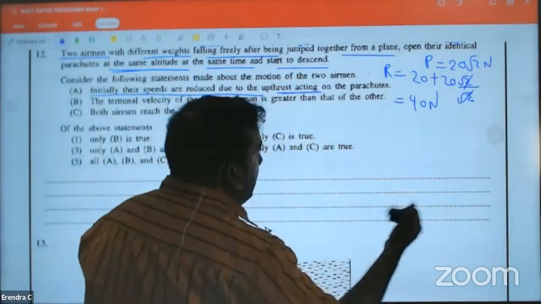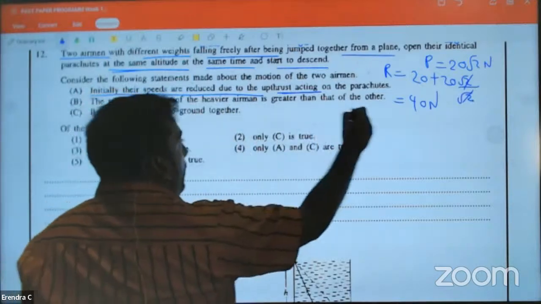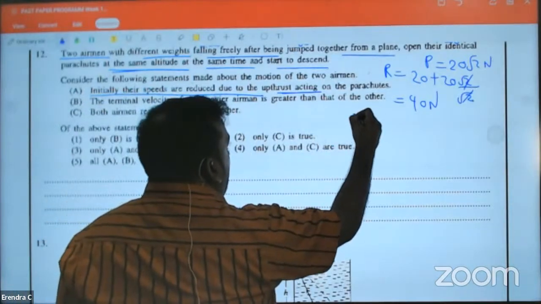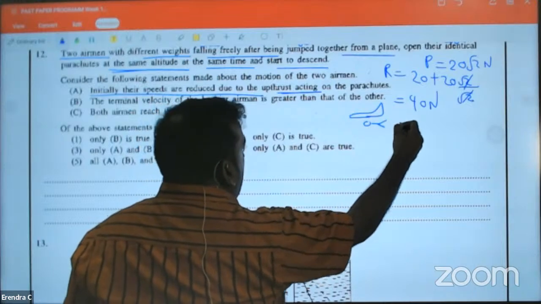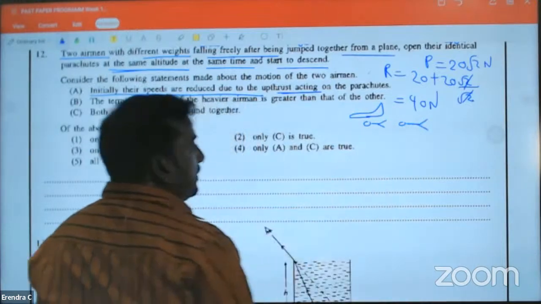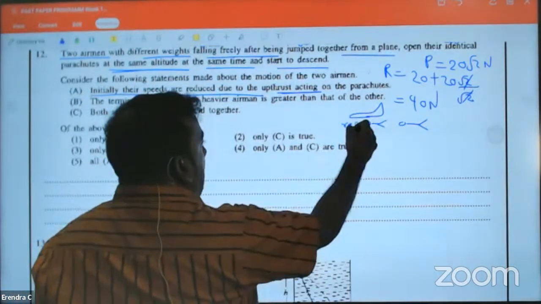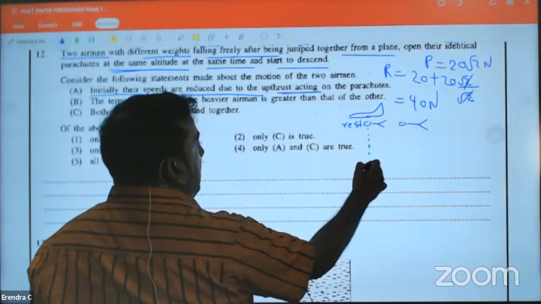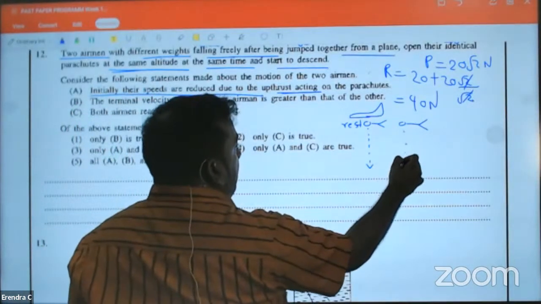Both the parachutes are identical? No. When these two fellows jump out of the plane, vertically starting from rest, their velocity will increase.